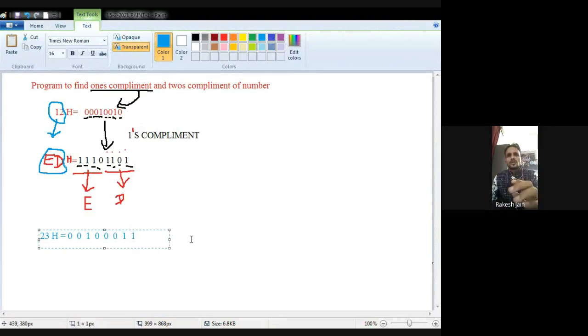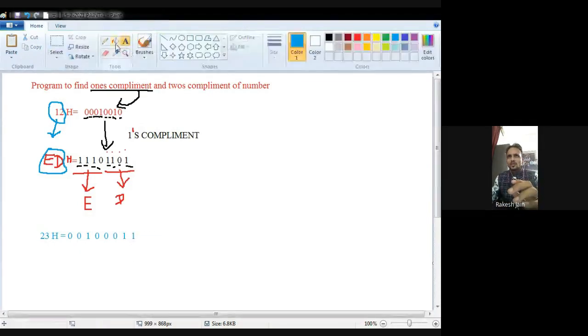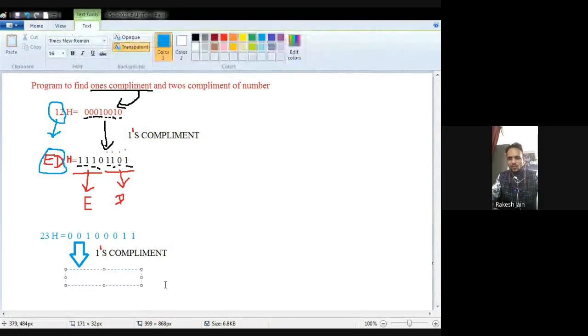Now I want to convert this number into its ones complement. What is the rule for ones complement? Just convert the 1 into 0 and 0 into 1. So the first bit on the MSB side is 0, so now it is 1. The second is 0, again 1.